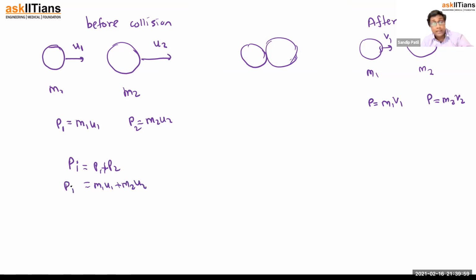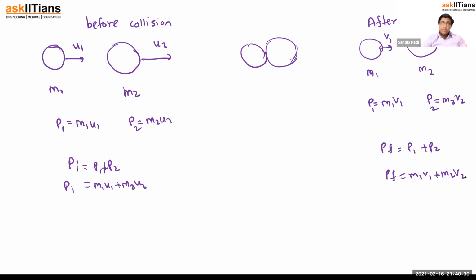Pi means the initial momentum of the system. That is why the word system is there, because we have to combine these two momentums. Similarly, Pf is p1 plus p2, so Pf becomes m1 v1 plus m2 v2. This is the initial momentum and the final momentum.